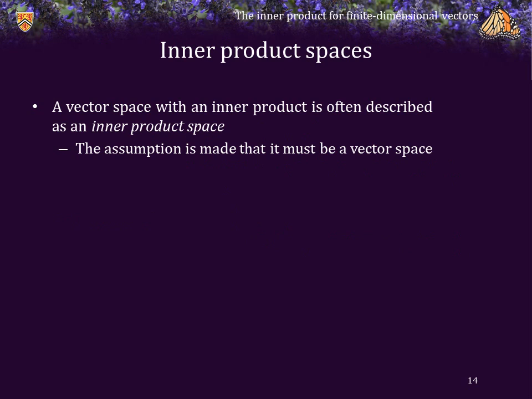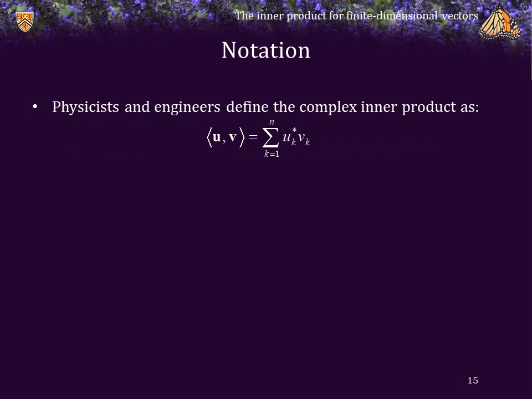Now, a vector space that has an inner product defined on it is often called an inner product space. The assumption is made that it must be a valid vector space. Now, one small comment on notation. Physicists and engineers define the inner product for a complex vector as follows, where the first vector is conjugated.